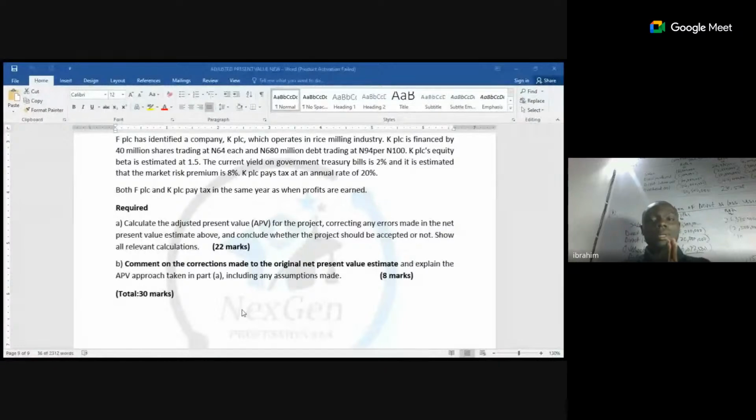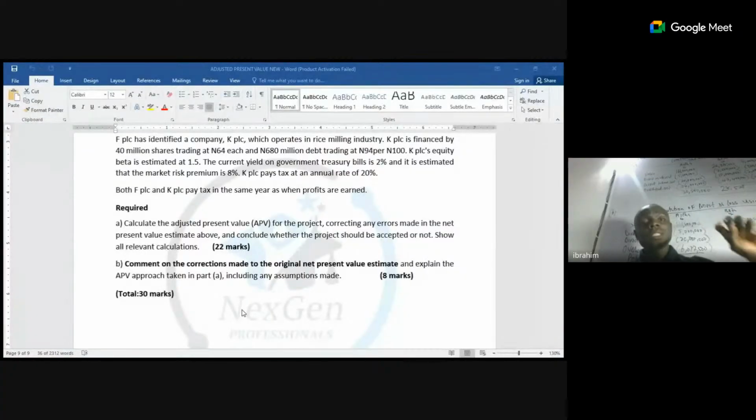Please, you need to understand the question, because research shows that once you understand the requirement, it is assumed that you've solved 60% of the question. So immediately you read the requirement, understand it. Don't just assume that because it is portfolio theory or option pricing, you jump to it. No, understand the examiner's point, please.